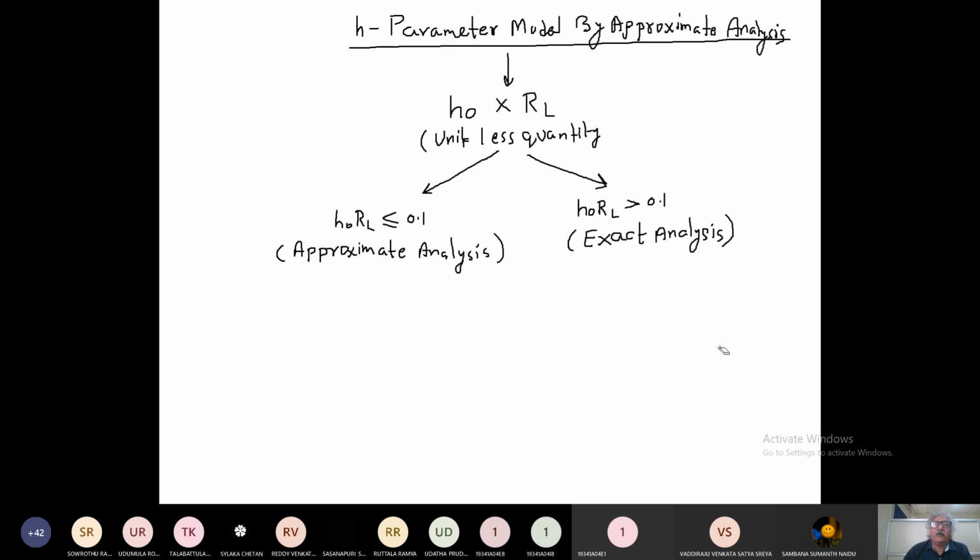So now we will do the approximate analysis, and for that I will use the common emitter H parameter model.